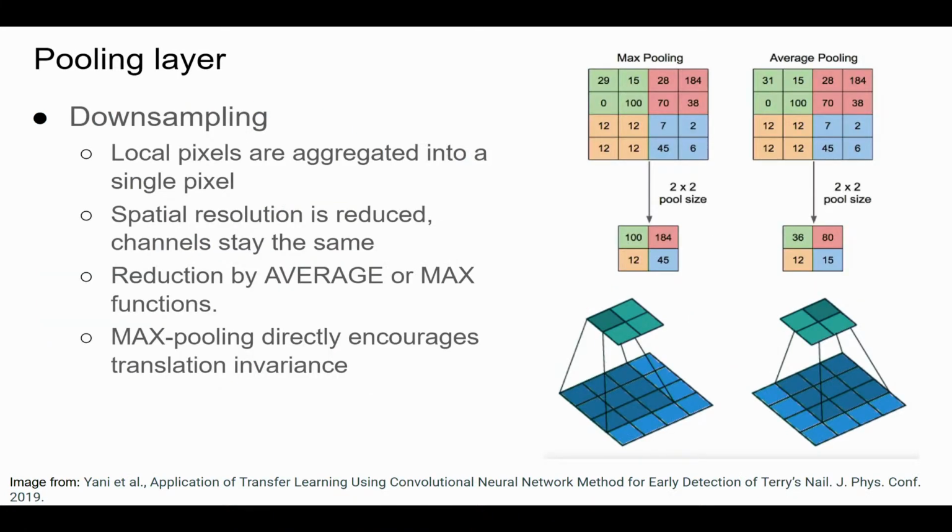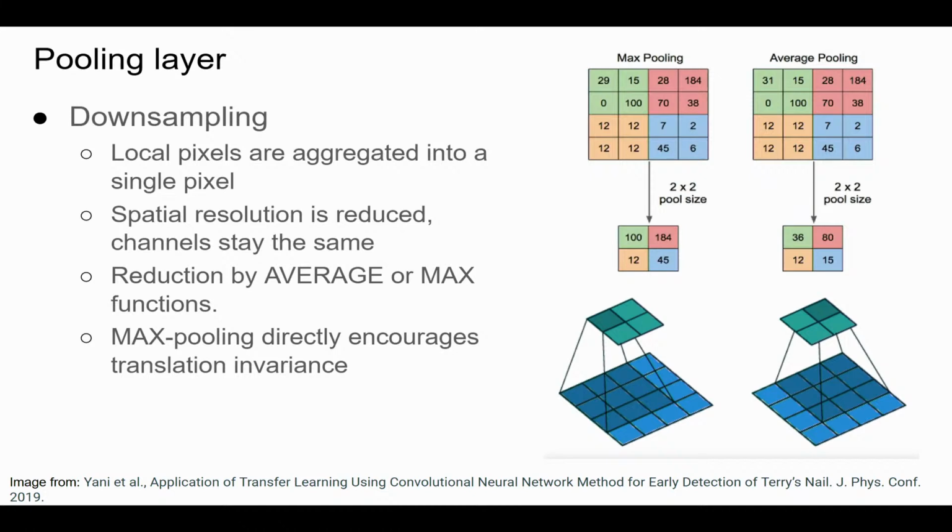We have pooling layers, basic ones are max pooling and average pooling. It just means, okay, I take large activation maps, a large image, take one neighborhood and collapse those pixels to a single one.